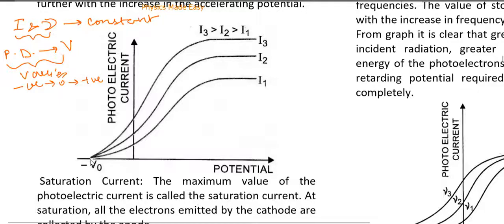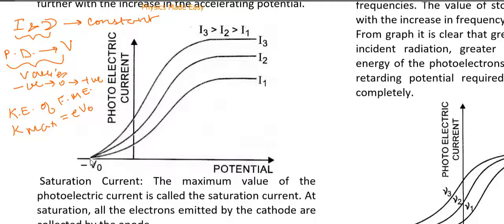If V naught is the stopping potential, then the maximum kinetic energy of the fastest moving electron, K max, is eV naught.